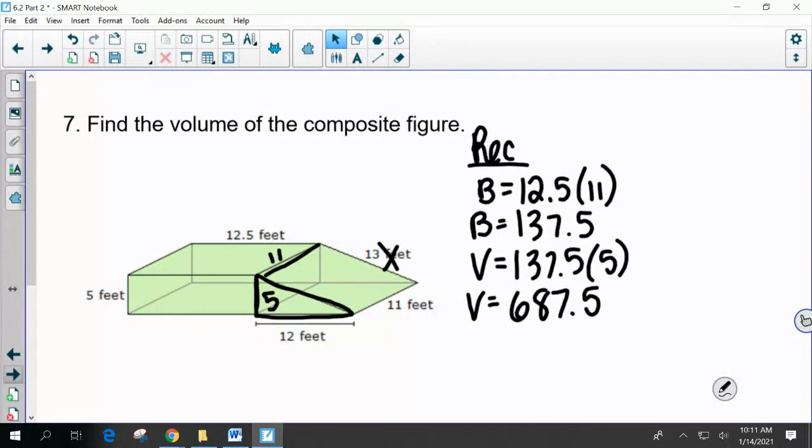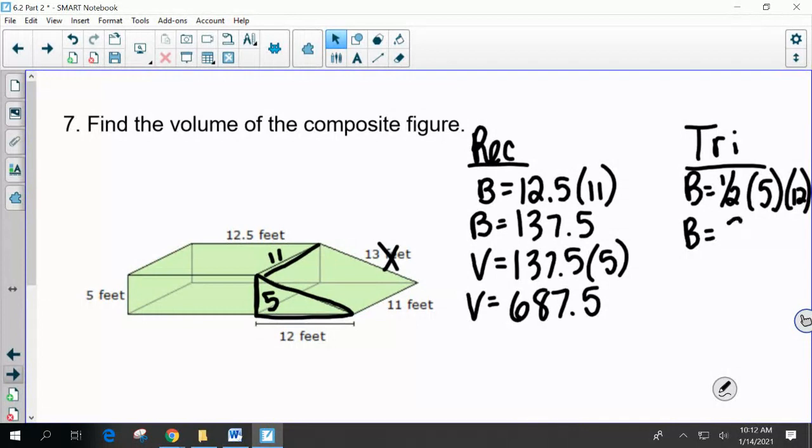So for the triangle, I'm going to take 1/2, and then I would do 5 times 12. Okay, so what is 5 times 12? 60, times half, 30. And then for my volume, I'm gonna take 30 times the number I didn't use yet, 11.